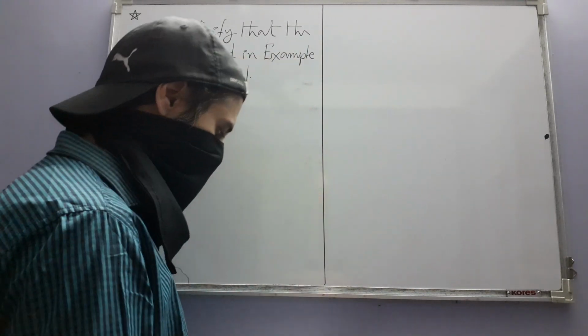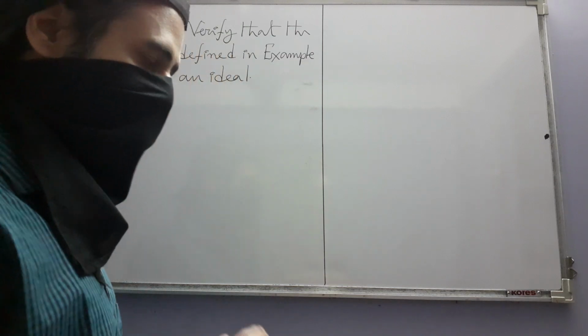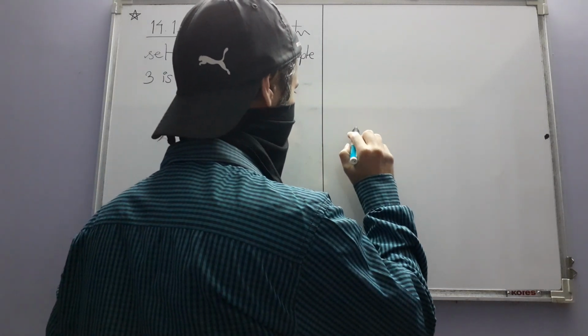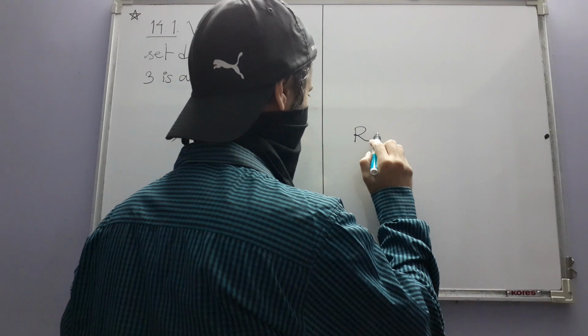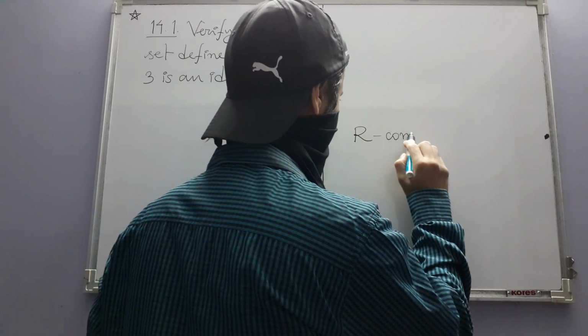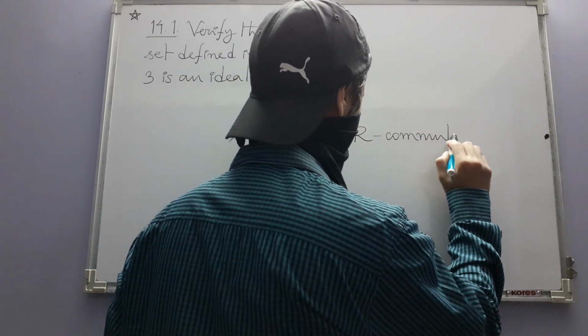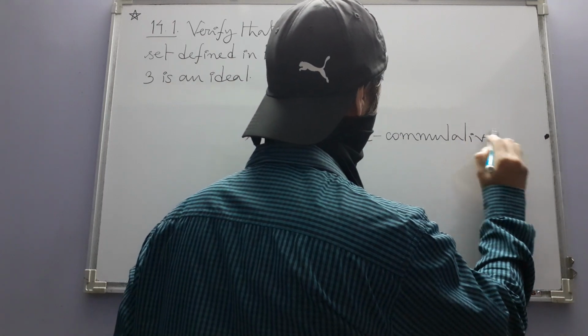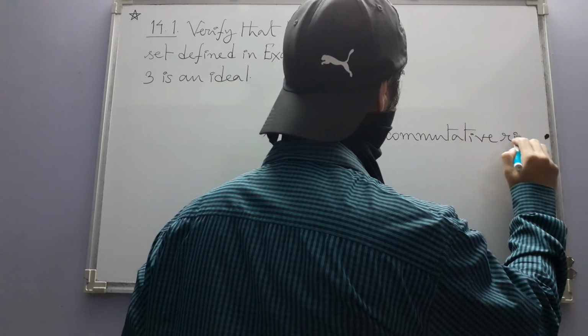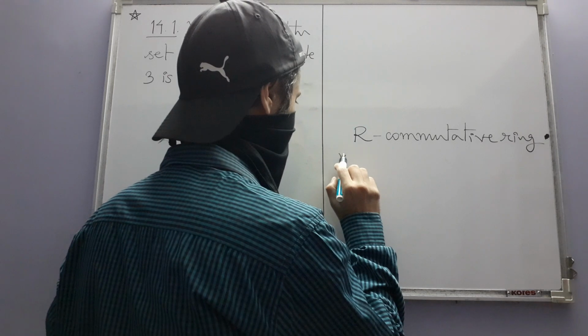In example 3, the ring that is there is any commutative ring R with unity.